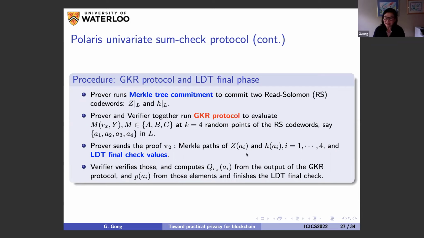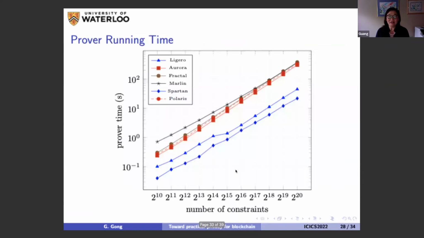So that's a very rough introduction to Polaris. But the major part of computation is the polynomial computation. Okay, so this is our implementation. We also use their package to get their performance, but we did not implement their schemes. We just ran their code and got their performance.